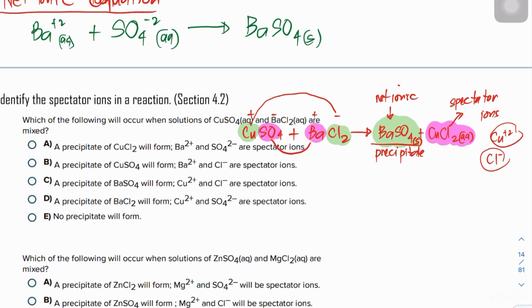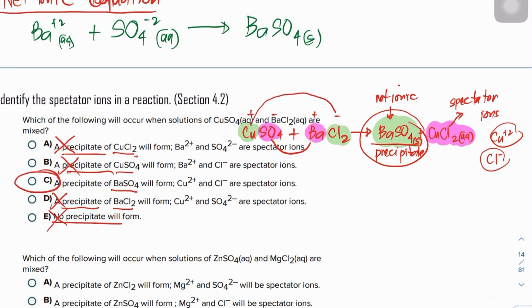Take note, our precipitate should be BaSO4. If you look at the choices, the precipitate is BaSO4, here is CuCl2, so eliminate. The precipitate should be BaSO4, not Cu. All right, so that's probably our answer, but let's continue here. BaCl2: of course we must find the precipitate BaSO4, and obviously no. So the correct answer will be letter C.